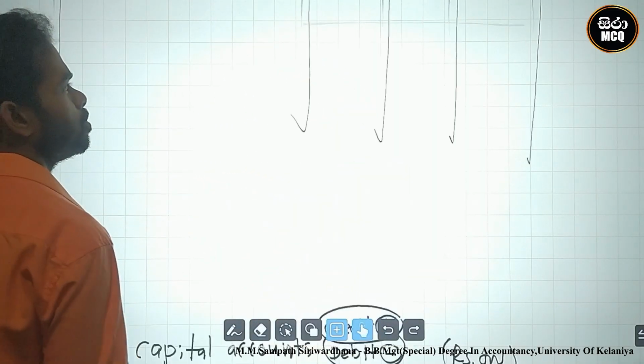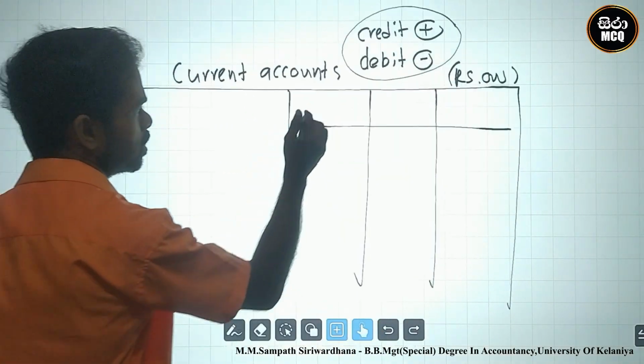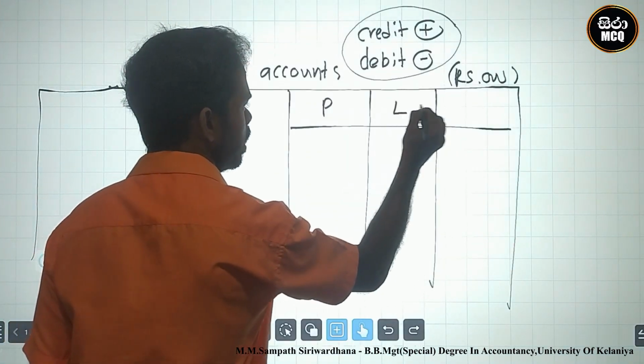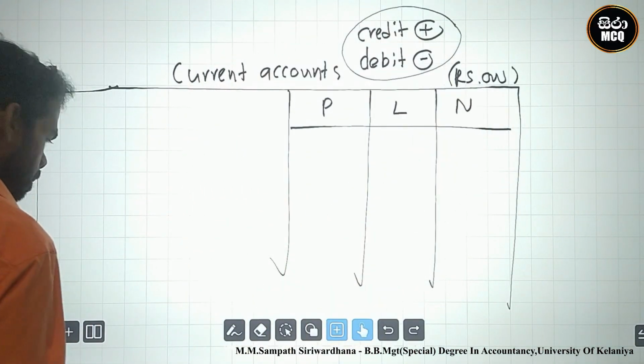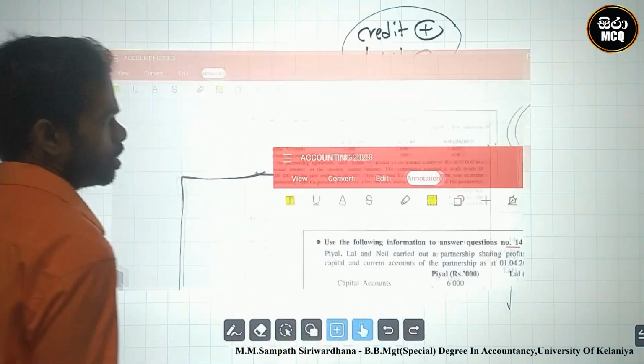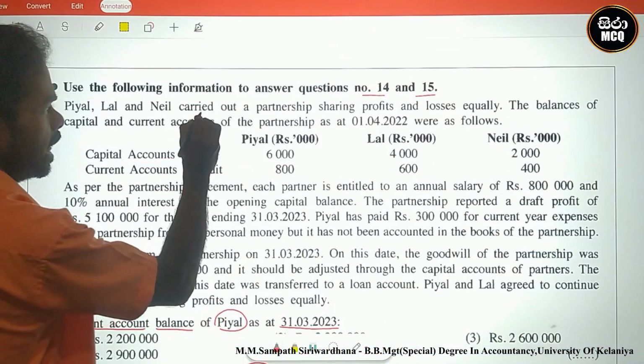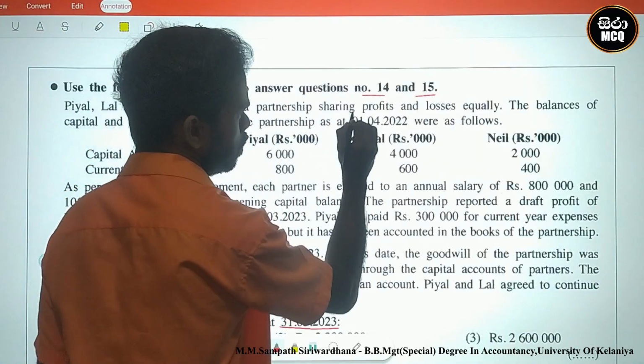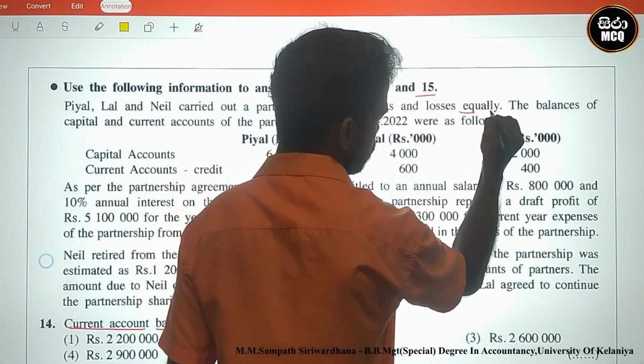These are the partners. Neil carries out the partnership sharing profits or losses equally.